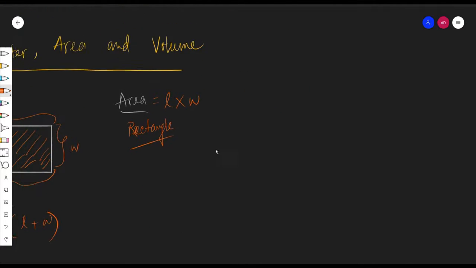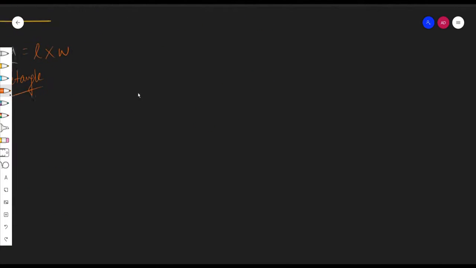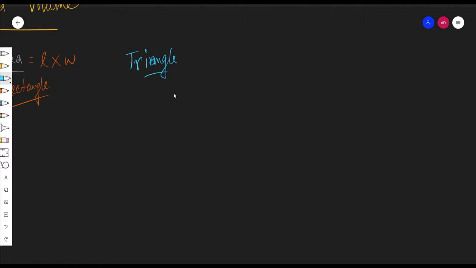Now we will be discussing the triangle. Area of triangle. Let's say this one is a triangle, and while we are discussing its area, this one is the height, and this total thing is the base.